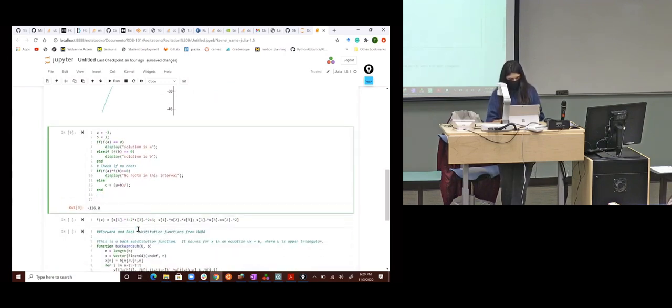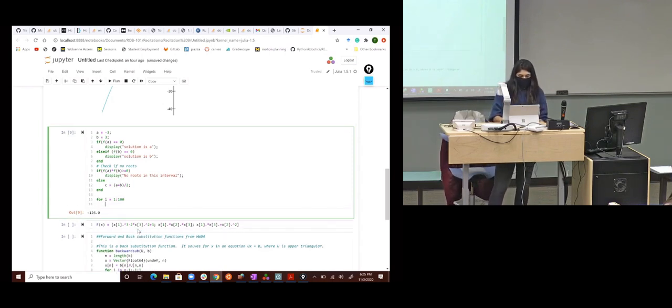Now we'll go into a looping condition. We'll say for i equals 1 to, let's say, 100 iterations at max. We already found that there is a root between A and B, so there should be a C in there already.